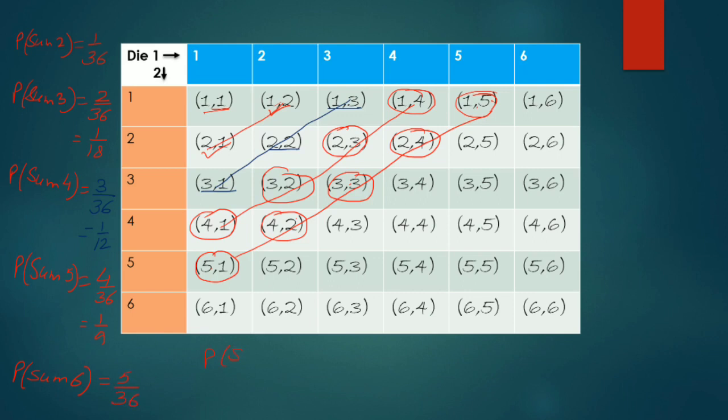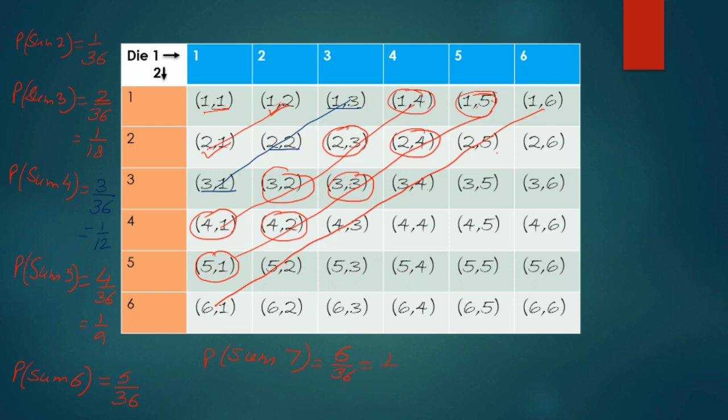Now the probability of sum 7. If you see, 1 plus 6 is 7, 2 plus 5, 3 plus 4, 4 plus 3, 5 plus 2 and 6 plus 1 are all 7. So we have 1, 2, 3, 4, 5 and 6. 6 by 36. Favorable outcomes are 6, total are 36.